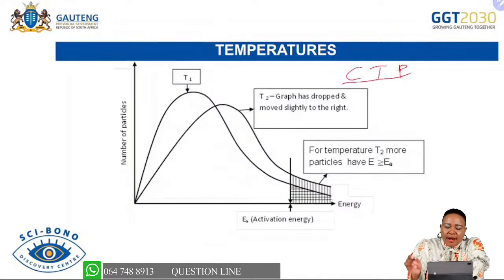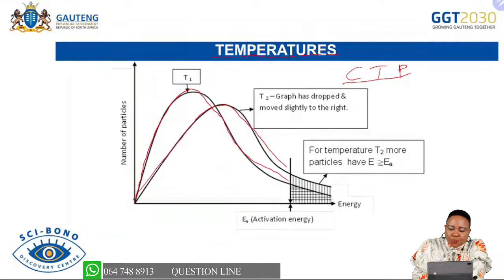Okay. Now let's look at the temperature. How is a Maxwell-Boltzmann distribution curve affected by the temperature? You can see that we have graph T1 and graph T2. Graph T1 is the graph whereby the temperature of particles is low.